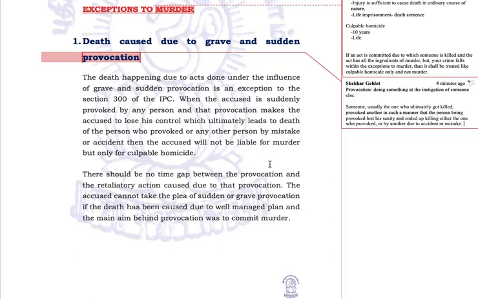Or I attack him with a spear, he dodges and someone else dies. Okay, due to accident or mistake, someone else is killed other than the person whom I wanted to kill because he had provoked me in such a grave manner that I lost all my senses. Then that won't be treated like a murder. It shall be treated as a culpable homicide only, which is not murder.